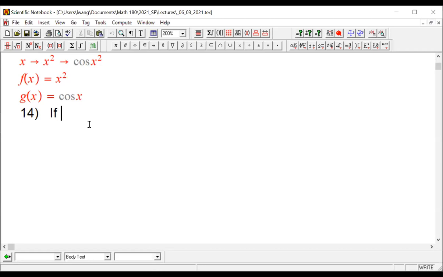If f is a function, and this also says if f is a one-to-one function, then f inverse of x is equal to 1 over f of x.